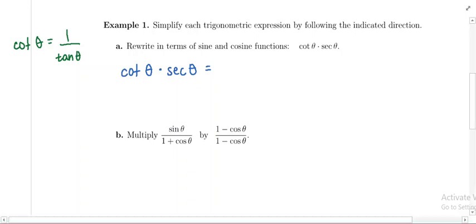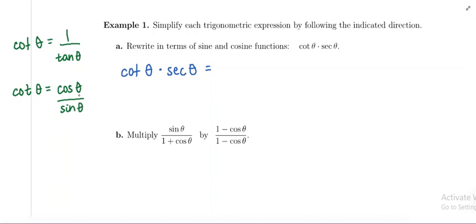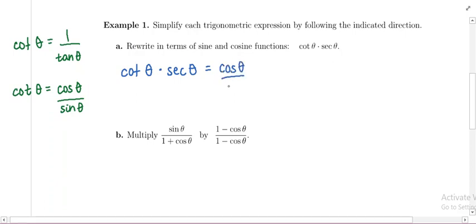The most direct way of getting there is to remember that the cotangent of theta is also defined as the cosine of theta over the sine of theta. That converts that part of the expression to sines and cosines. So the cotangent of theta is the same thing as the cosine of theta over the sine of theta.